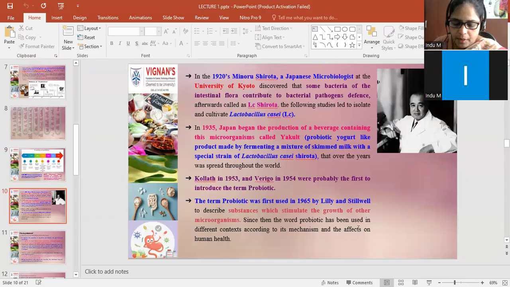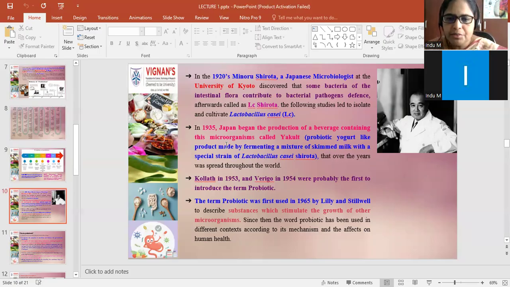In 1920, Minoru Shirota, a Japanese microbiologist at the University of Kyoto, discovered that some bacteria of the intestinal flora contribute to defense against bacterial pathogens. So he called it LC Shirota. LC means Lactobacillus casei.